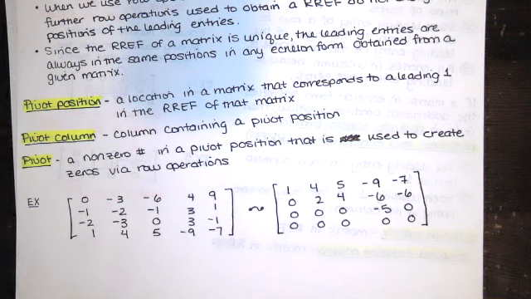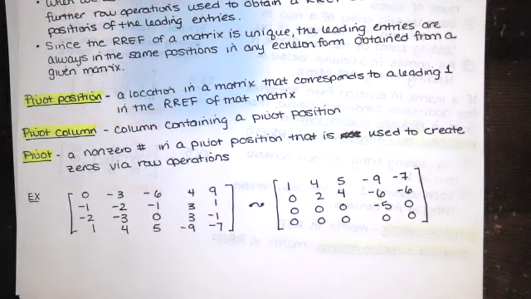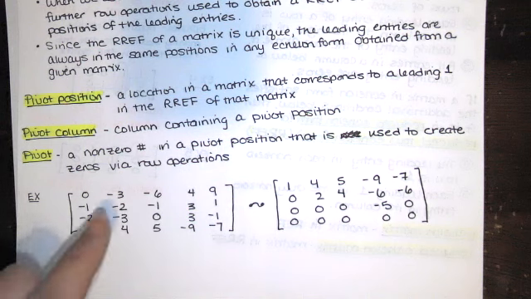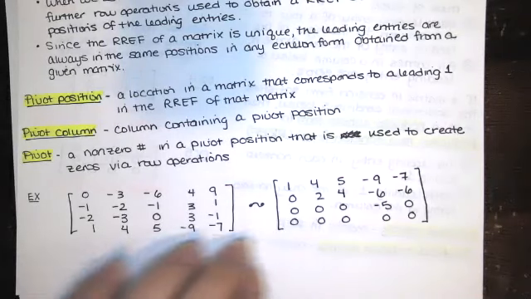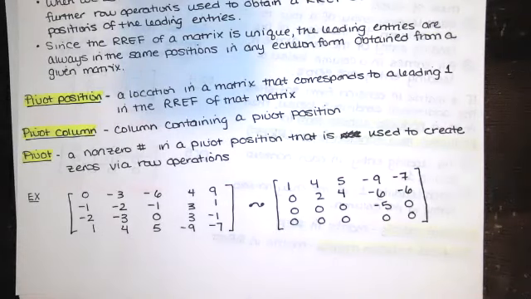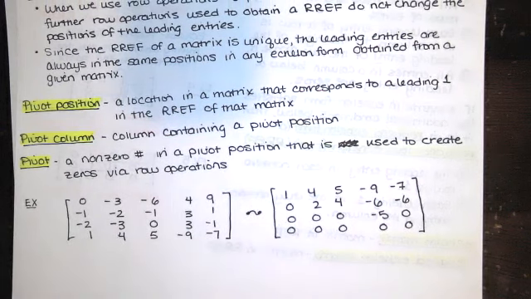So I have a matrix here, and I'm not going to show you how to row reduce this matrix into this matrix, although I could. We're going to do a different example though. But you can row reduce this matrix into this matrix. This is an echelon form of that matrix.